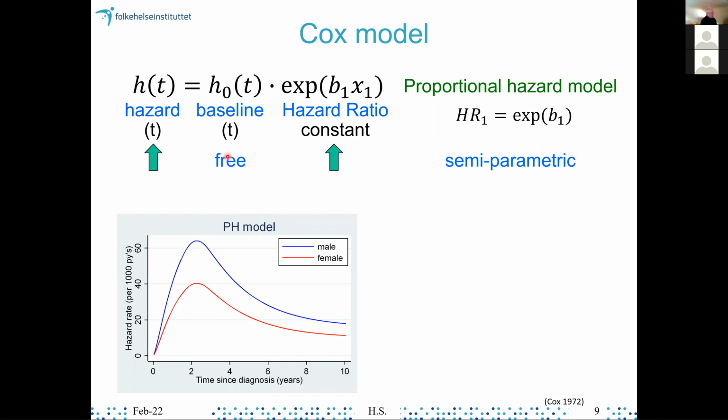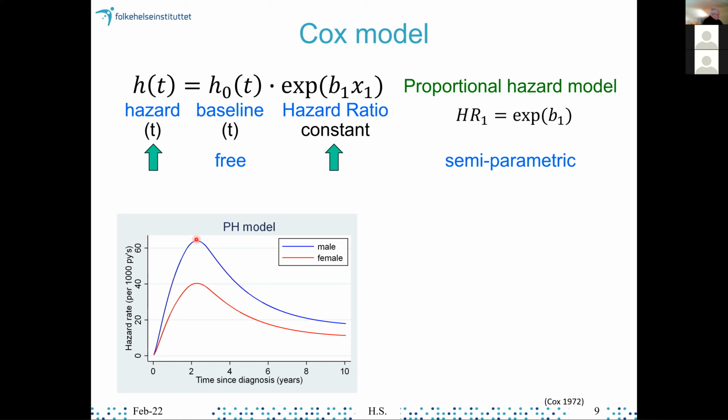And here we have an example. Here is the hazard rate, this time measured per 1,000 person years. And this is how it develops over time among males and females. And this is taken from a proportional hazard model.